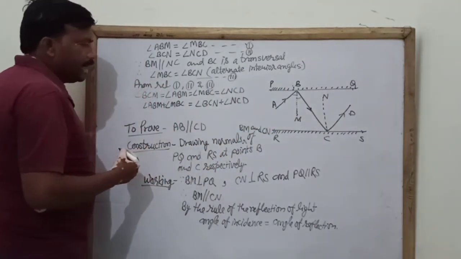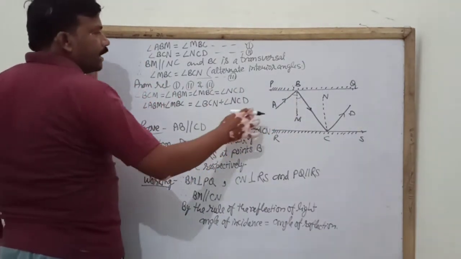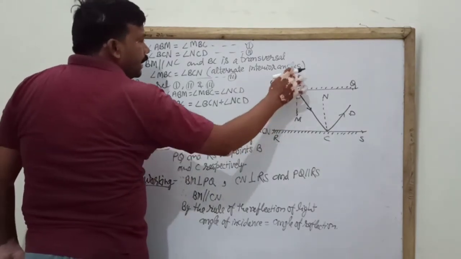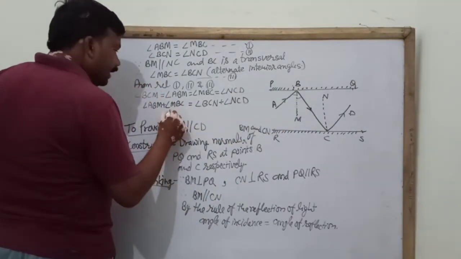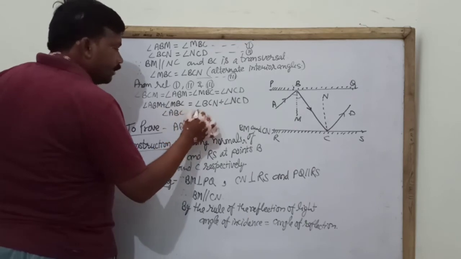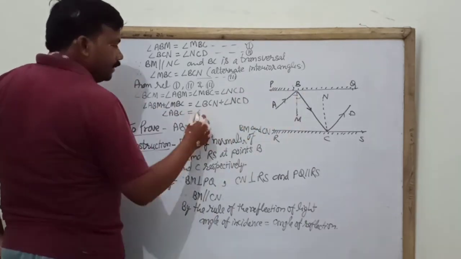The sum of these two angles is angle ABC equal angle BCD.